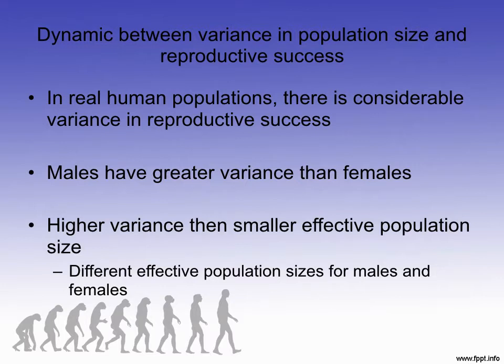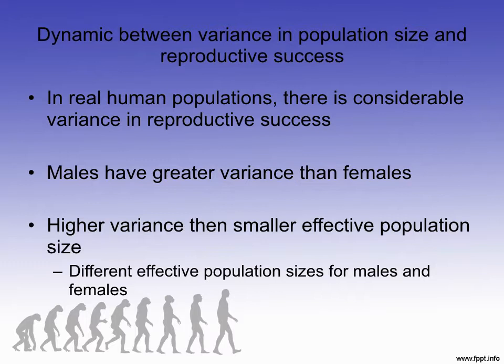So what do I mean when I say that males have greater variance than females? This is the idea that there's a wider range in variation in reproductive success in males compared to females, or reproductive opportunities for males. So when you look at most females, and you look at females across different species, different populations, there's a narrower range of reproductive events.